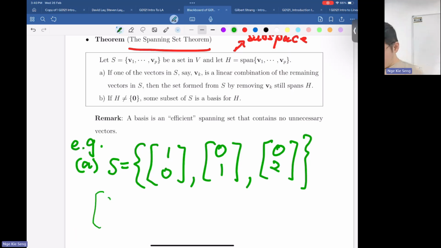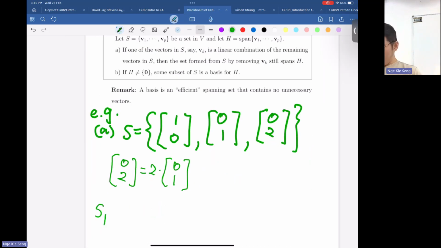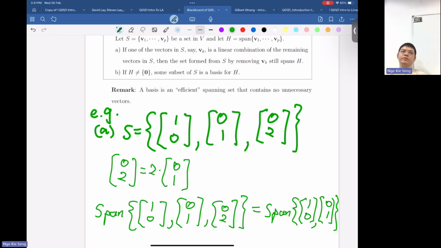In this case, (0, 2) equals 2 times (0, 1). The claim here is that the span of the first 3 vectors is equal to the span of (1, 0) and (0, 1). Can you see why it is true? Or prove why it is true?